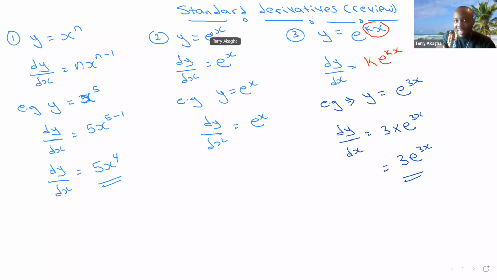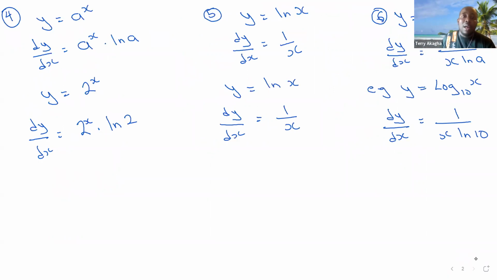So technically, these 2 and 3 are the same thing. Because when you differentiate x, it's going to give you 1, and 1 multiplied by e^x will give you e^x, okay? So it's similar to 3. So when you differentiate kx, it's going to give you k, and you now multiply k by e^x, and that will give you that.